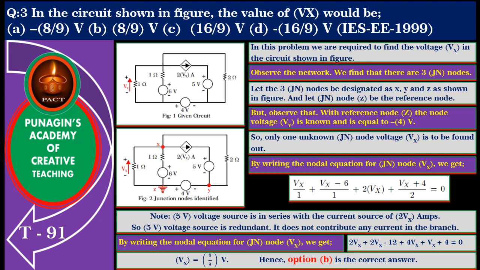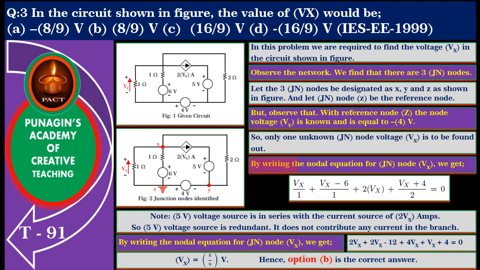The other junction node voltages Vx and Vy are to be found out. But observe that with reference to junction node Z, the node voltage Vy is known and is equal to -4. So, only one unknown junction node voltage Vx is to be found out.